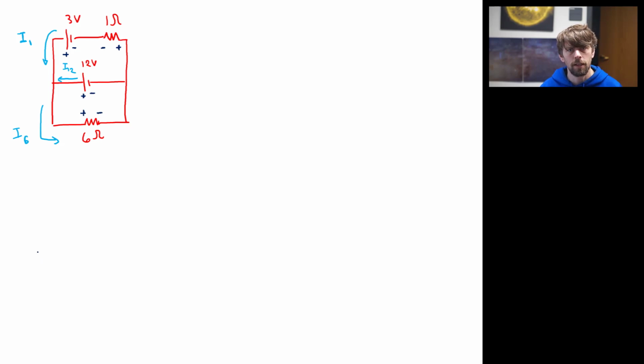Next up, we should be thinking about the number of unknowns. Of course, considering that I've already drawn in the currents, we basically have 3 unknowns. And by knowing 3 unknowns, we know that we have to find 3 equations. So let's go ahead and apply KCL. So I should be thinking about, okay, how many junctions do I have?